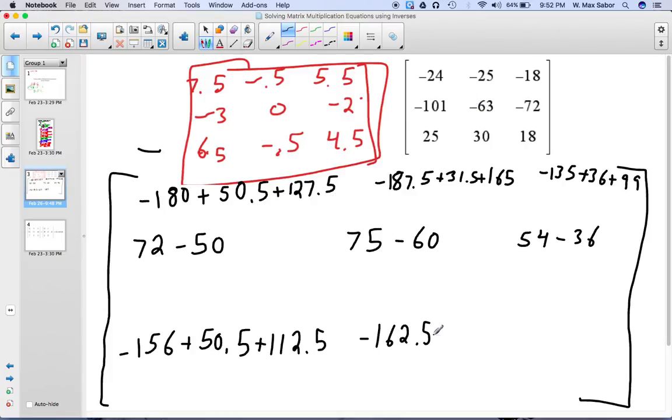Negative 0.5 times that is 31.5. 4.5 times 30 is 145. Now we're doing 6.5 times negative 18. 9 times 13, negative 117. Negative 0.5 times 72. And 4.5 times 18.